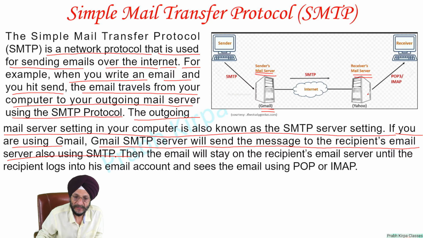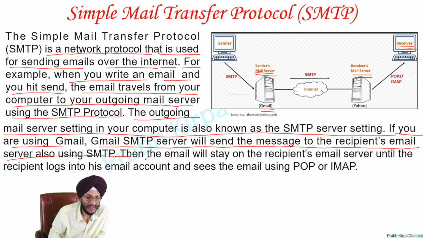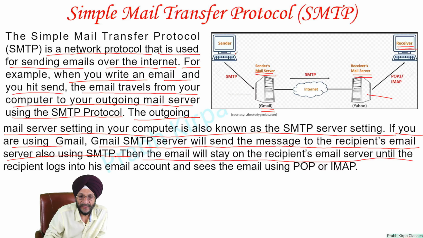Then from that, if the receiver is using IMAP or POP3, he can access the said email. Then the email will stay on the recipient's email server. That means that when you send the email from your PC or mobile, it will go to your mail server.